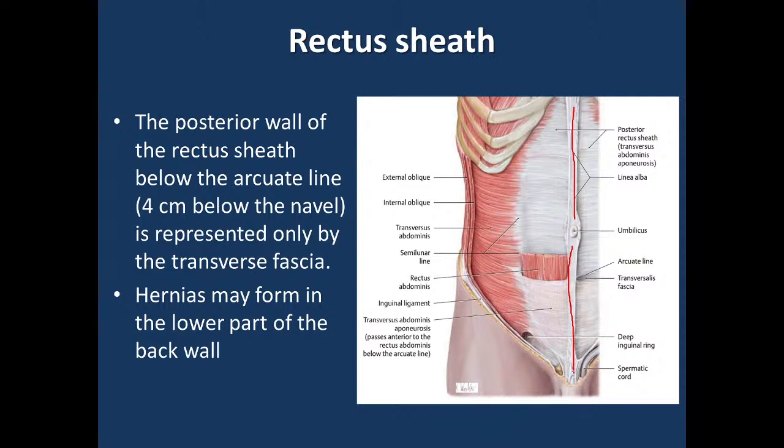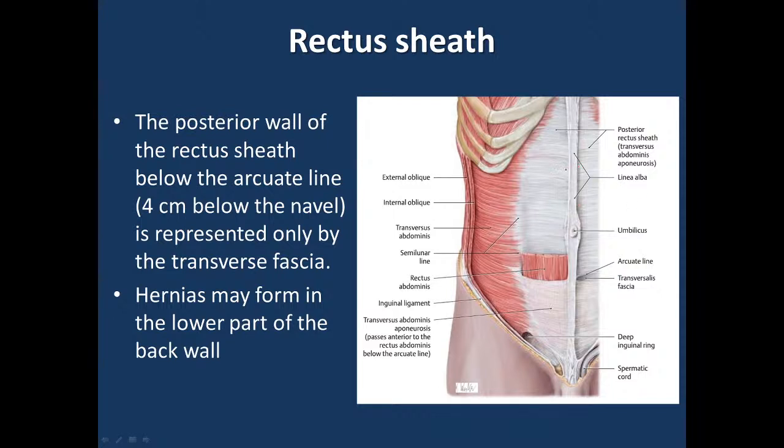Linea alba means in Latin white line, because there are no vessels, no arteries, no veins in this area, and it is easy to cut the anterior wall, and there is no chance to cut vessels, because all vessels come from the lateral side, and in the central part, in the linea alba, there are no vessels.